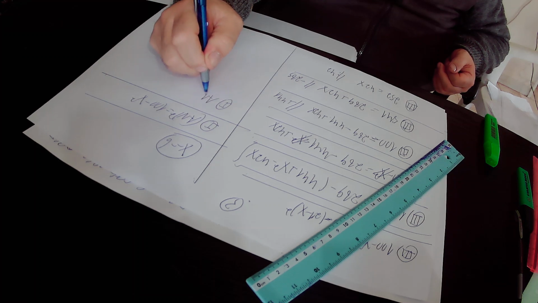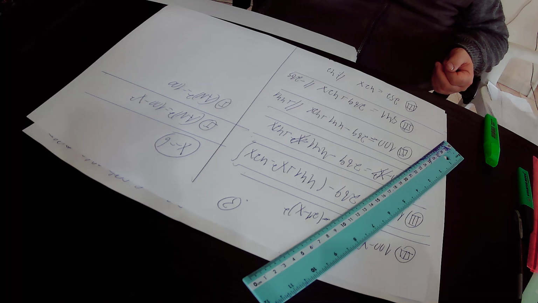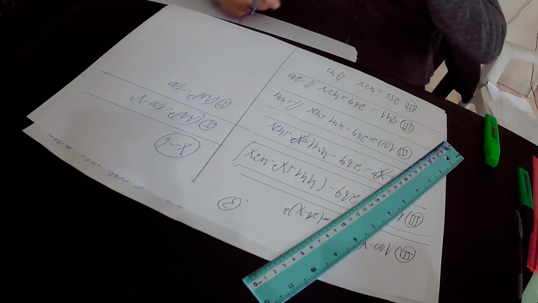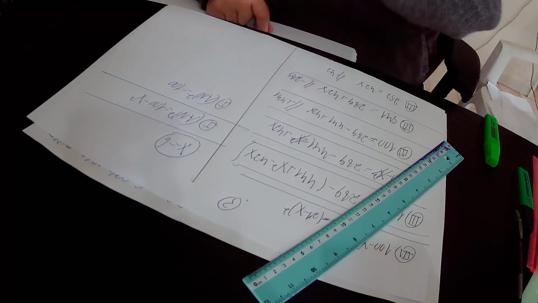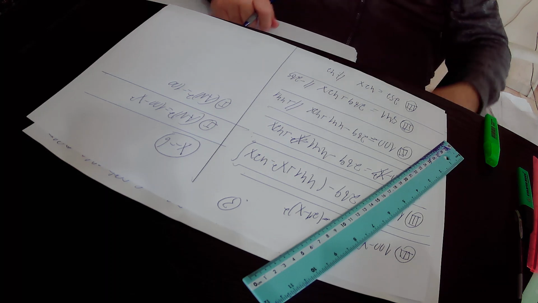And we get that AN squared equals 100, and here we have minus x squared. So x is 6, therefore minus x squared is minus 6 squared, that is minus 36.